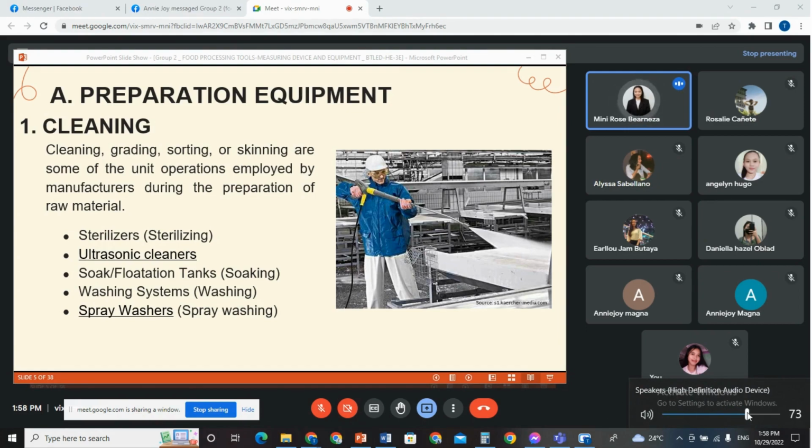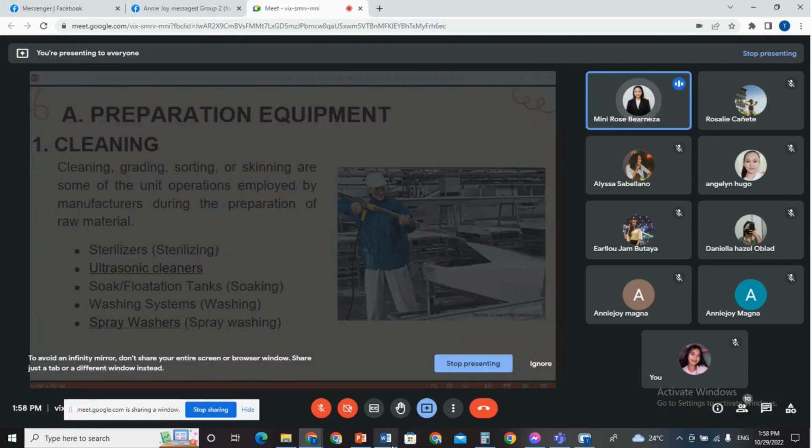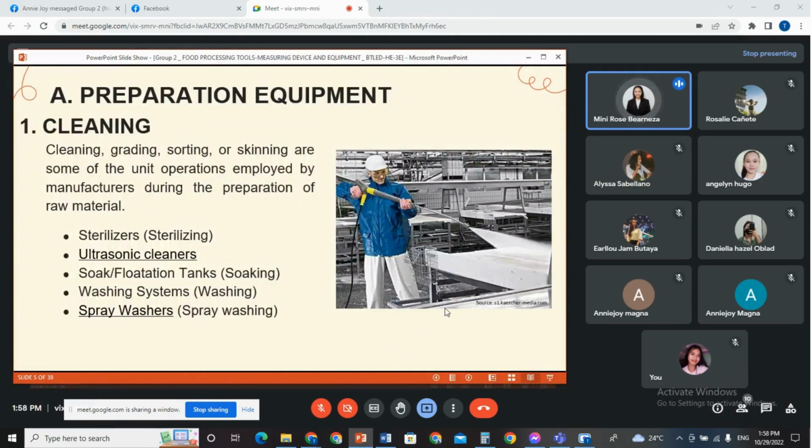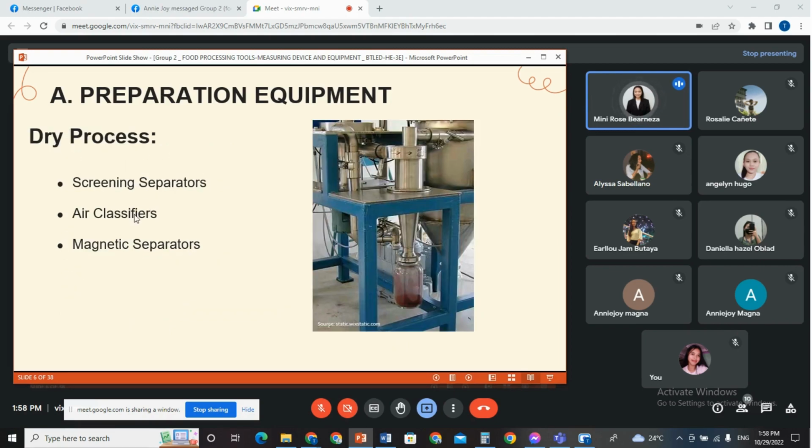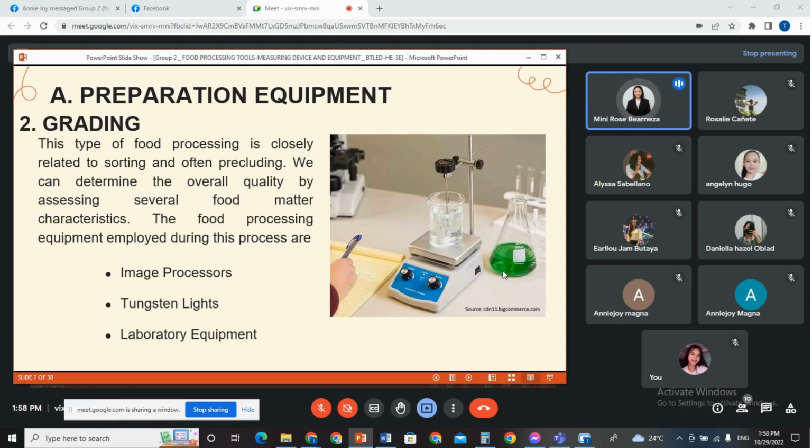Here we have sterilizers, ultrasonic cleaners, soak flotation tanks or soaking and washing systems, and spray washers. Let's go to the dry process. As we can see, we have screening separators, air classifiers, and magnetic separators.